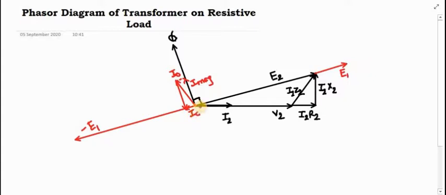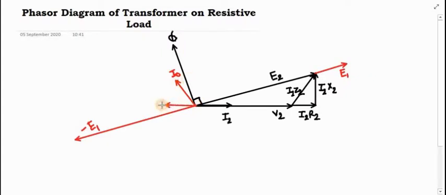For better understanding I have not made this circuit complicated, so I have drawn I naught only. I will delete this IC and I magnetizing so that you will not get confused. Now we have to find out I1. I1 is nothing but the vector sum of your I naught and I2 dash. How to draw I2 dash?